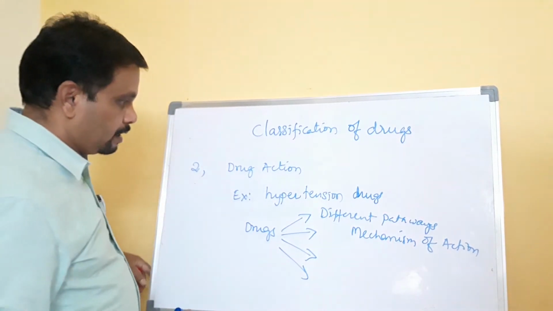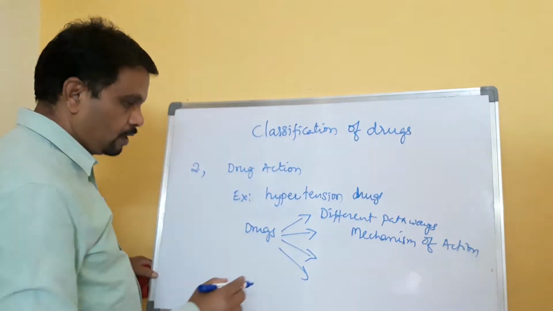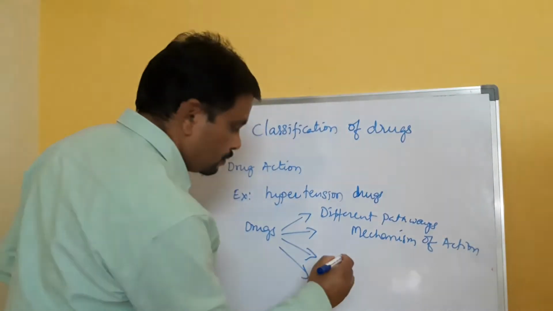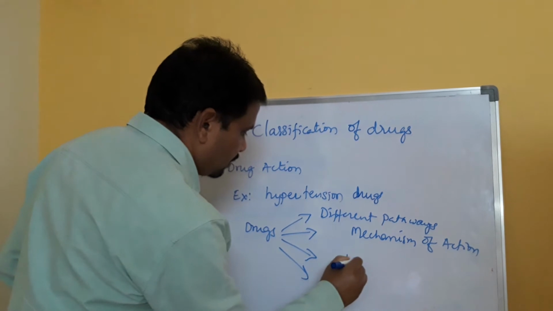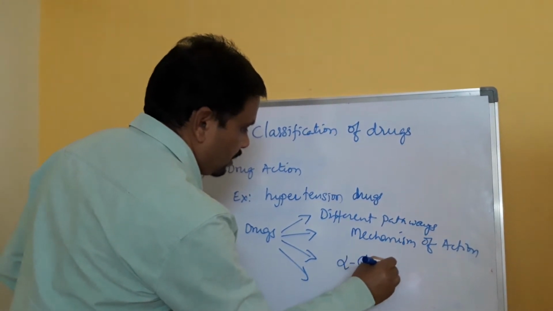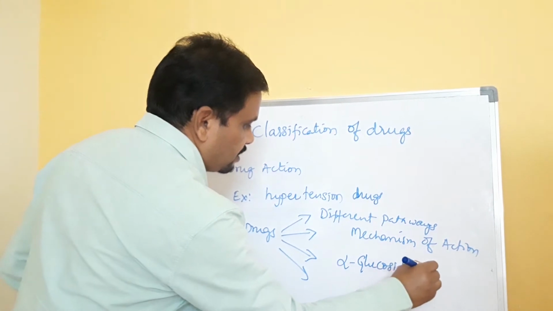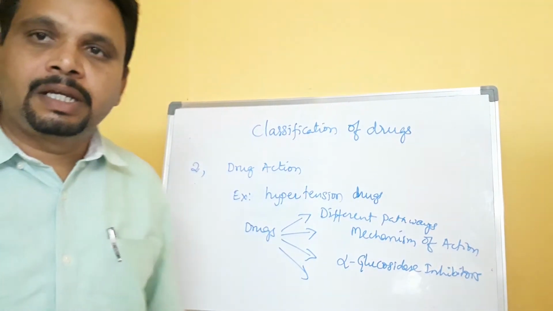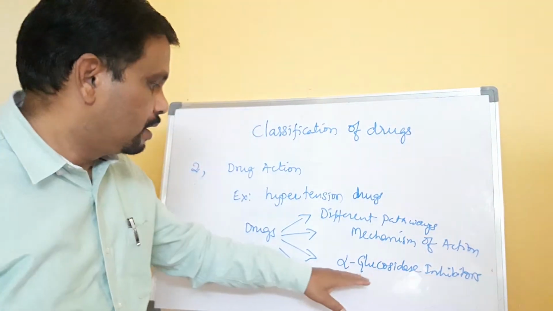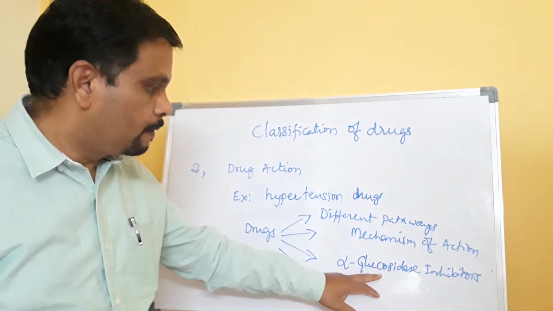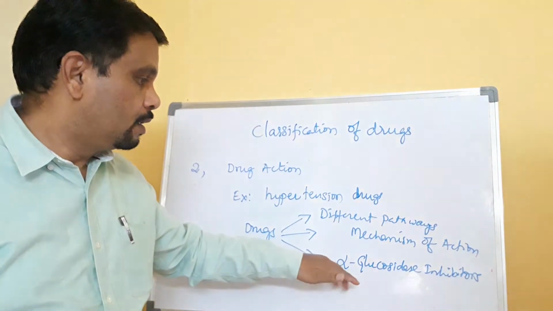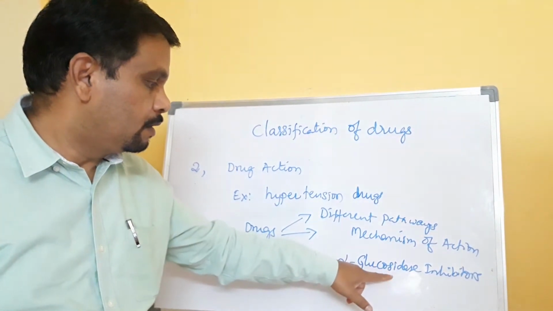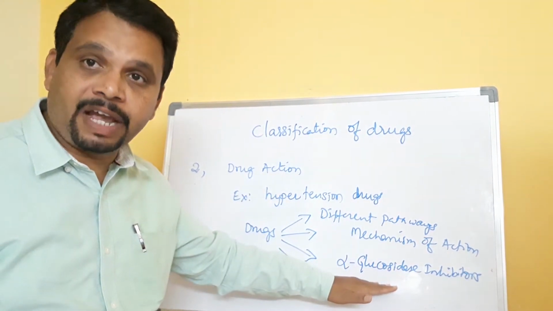Let me give you one example: alpha glucosidase inhibitors. These kinds of drugs can be used in the treatment of type 2 diabetes through this mechanism of action.